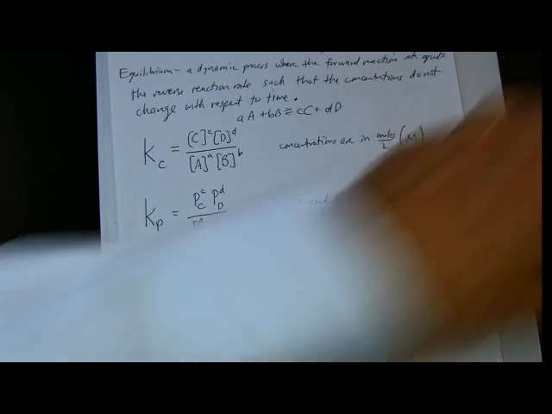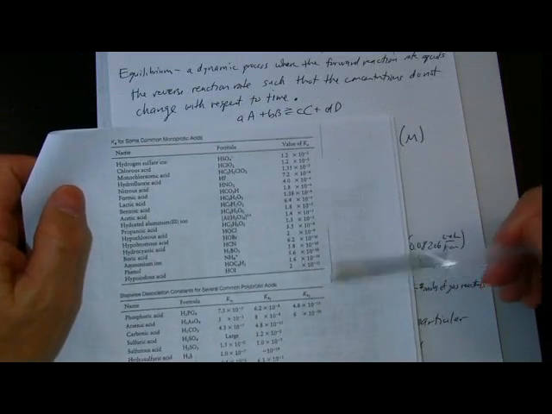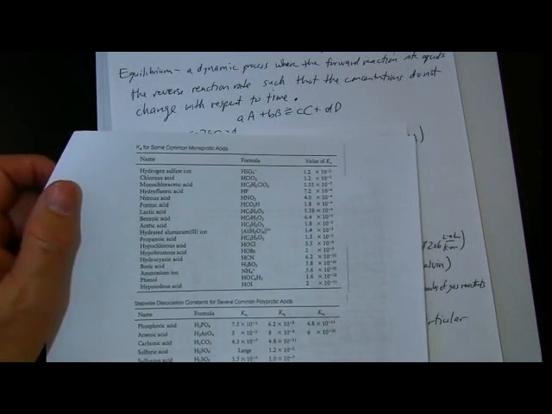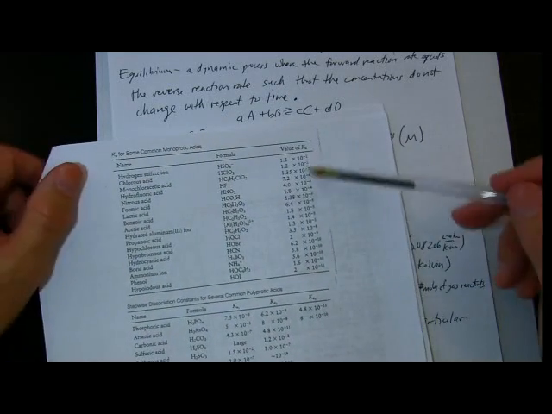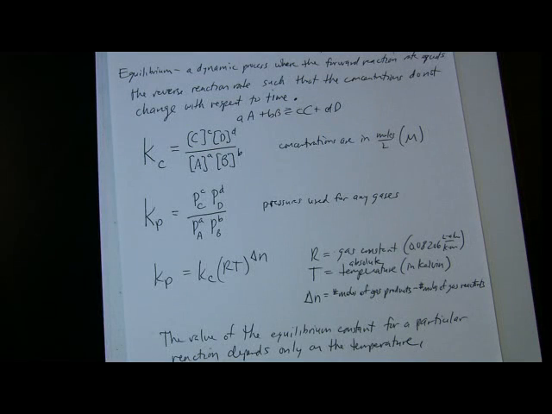So the equilibrium constant values that I was showing you here, these are all for 25 degrees. These particular equilibrium constants would increase as you increase the temperature. We'll find out why that is next time. For now, you just have to believe me that these equilibrium constants go up with increasing temperature.